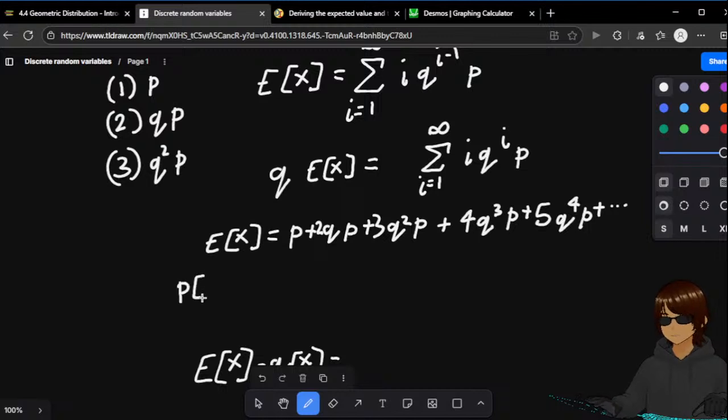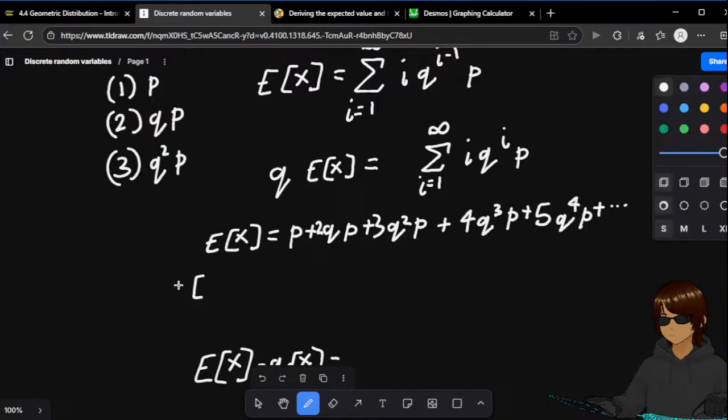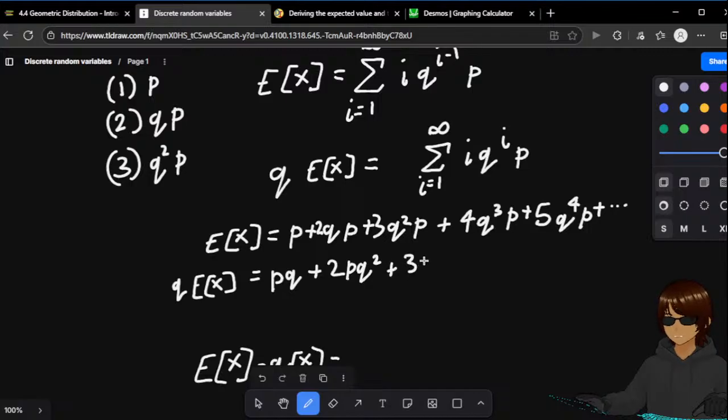P, sorry, Q, PQ plus 2 PQ square plus 3 PQ cubed plus P to the power of 4.